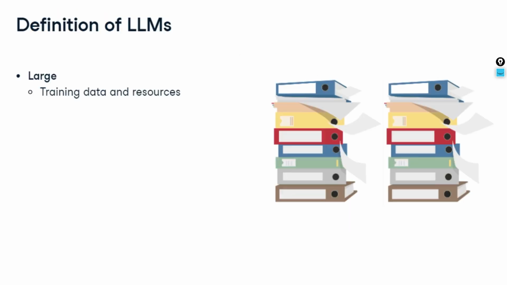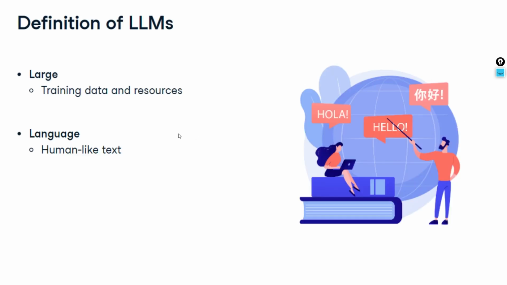Now let's try to understand the meaning of large language models. Let's start with the large. Whenever we refer to large, it means these models have been trained on a huge amount of data, with huge training data and resources. Next, we have the language. These models are able to understand human-like text, whether it is Kannada, Tamil, Telugu, or any other Indian or other language.